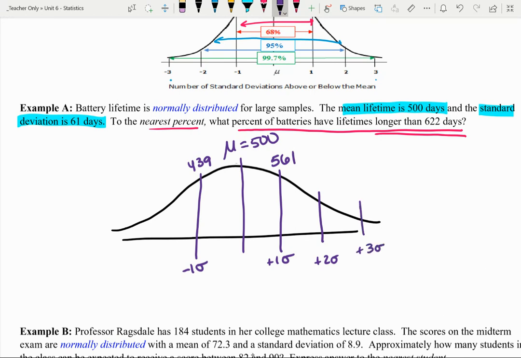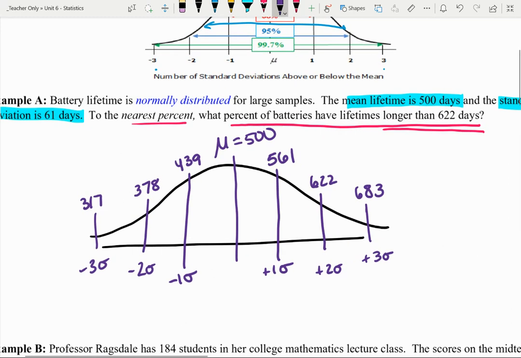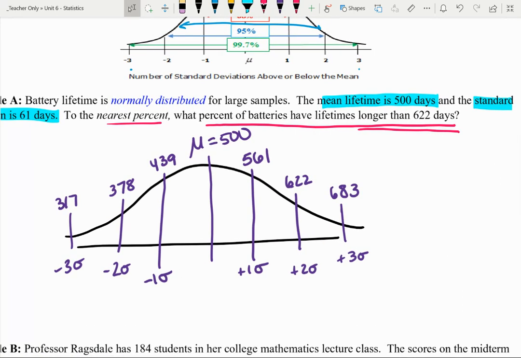So that would be 622, and then 683. So I have my 622. I could probably stop there, but I like the symmetry, so I'm going to complete my picture. Going back 61, that's 378, and then 317. Okay, so we've got our picture here.